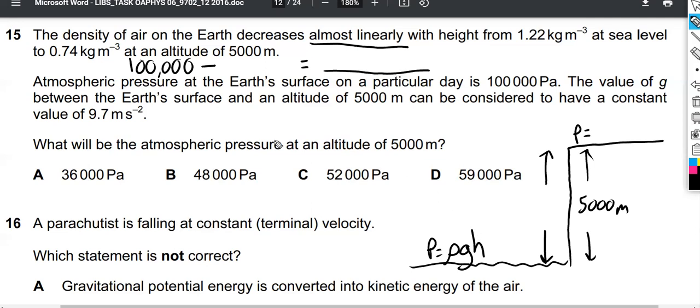It's pretty clear what value we should use for g, right? So, okay, we want to calculate, remember, the pressure of all this. So g, they say, and again, this is such a good clue, this sentence here, let me read it again: the value of g between the Earth's surface here and an altitude of 5,000 meters, which is where we want to know the pressure, can be considered to have a constant value of.